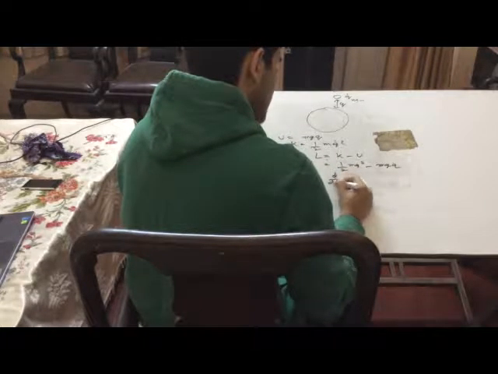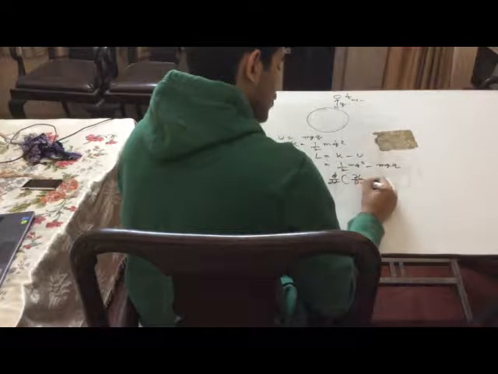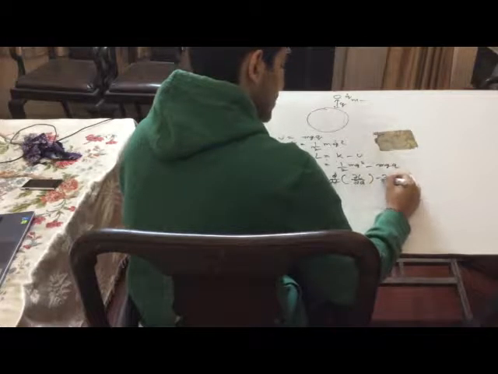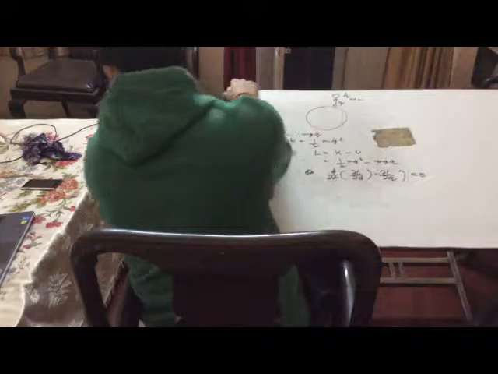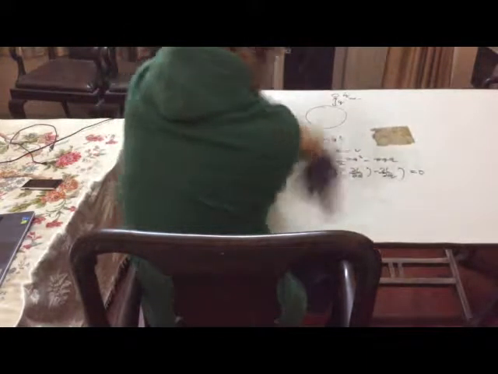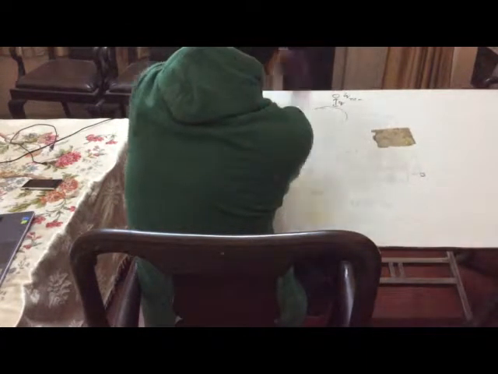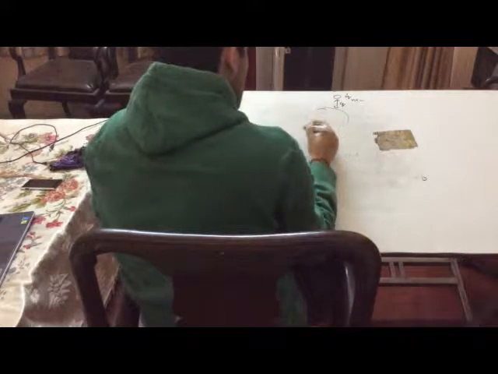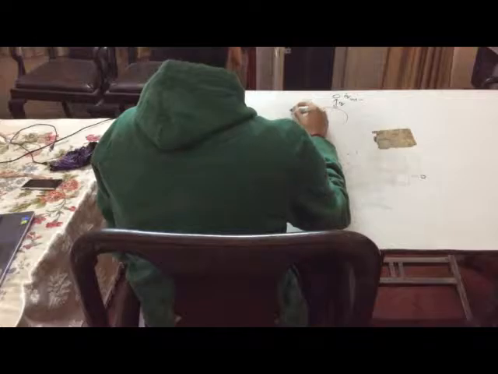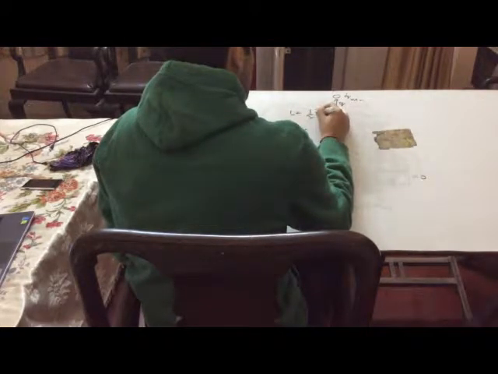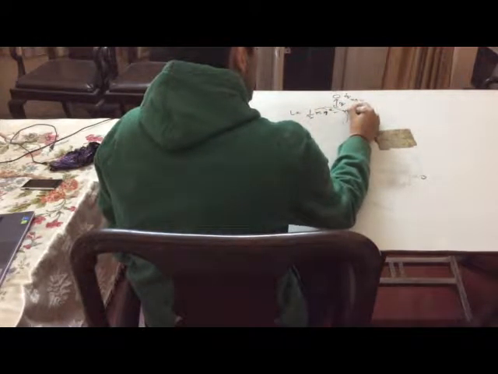Now the Lagrangian equation is given by d by dt of dou L by dou q dot minus dou L by dou q equals 0. Now we have L equals half m q dot square minus mgq.